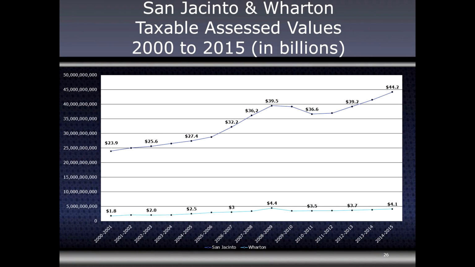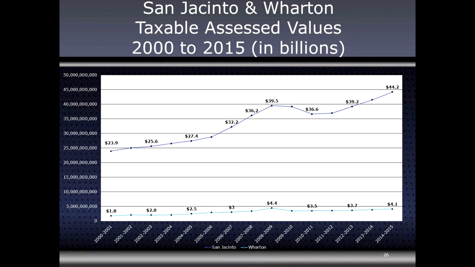And we have a cap of 20 cents on that maintenance and operation. Now, when you look at the tax base for our institutions, look at the significant difference there. You go from $44.2 billion to $4.1 billion. So there's a huge variation for smaller rural colleges that are serving very large areas.